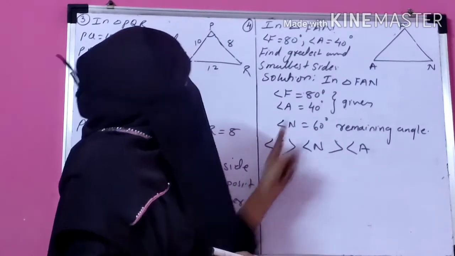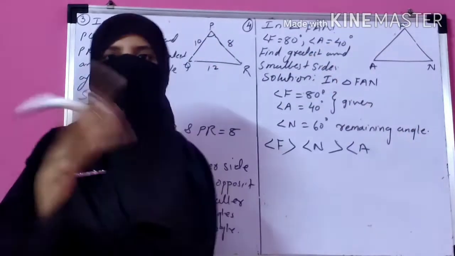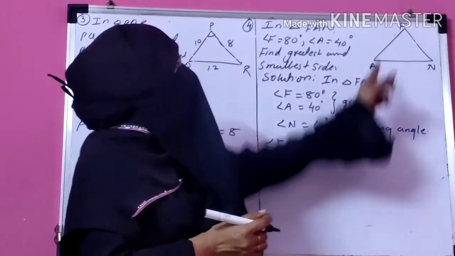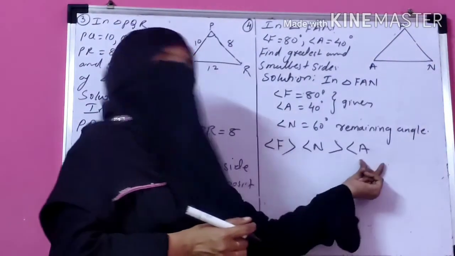The side opposite to angle F is greater as it is the greater angle, and the side opposite to angle A is smaller as it is the smaller angle.